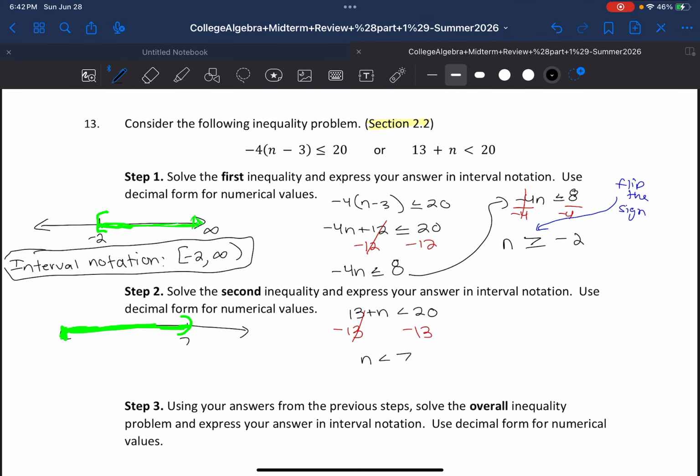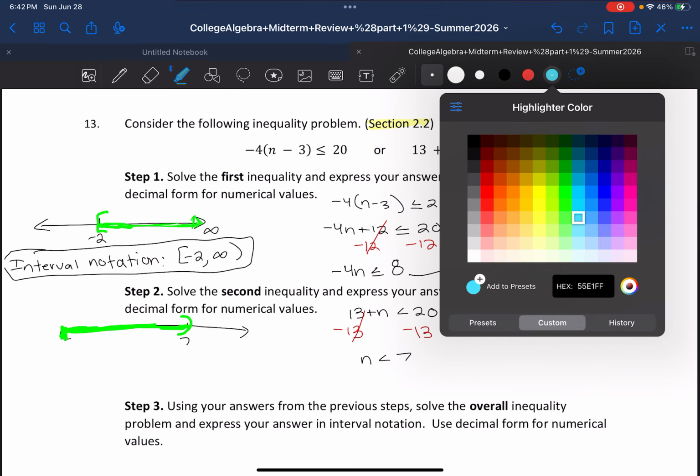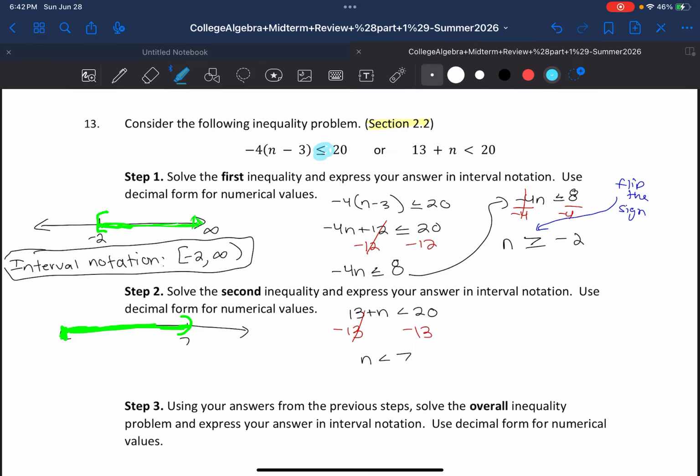So the way I remember this, if it has a straight line underneath the inequality, then it has a straight bracket. But if it does not, then it gets a parentheses.